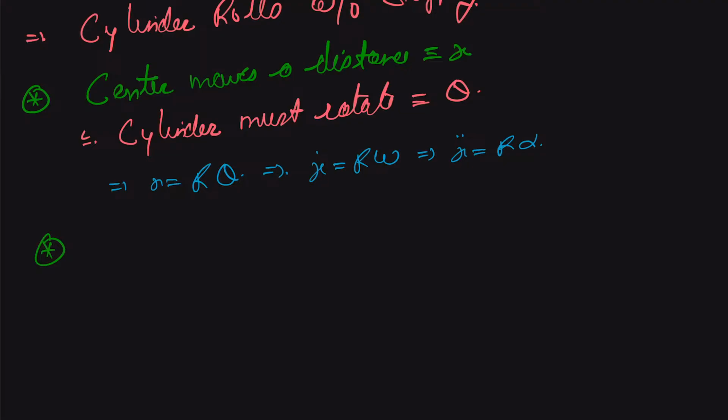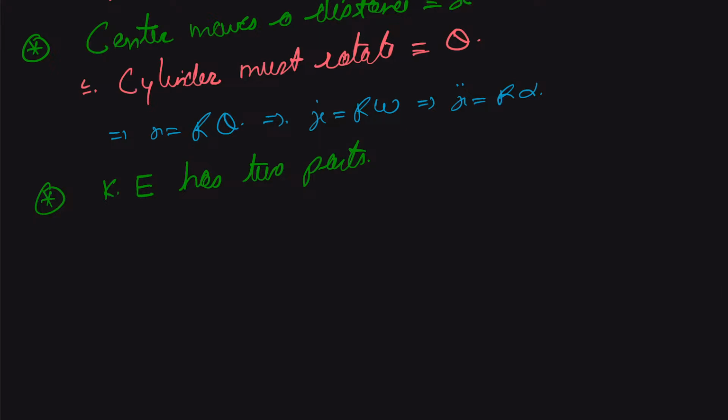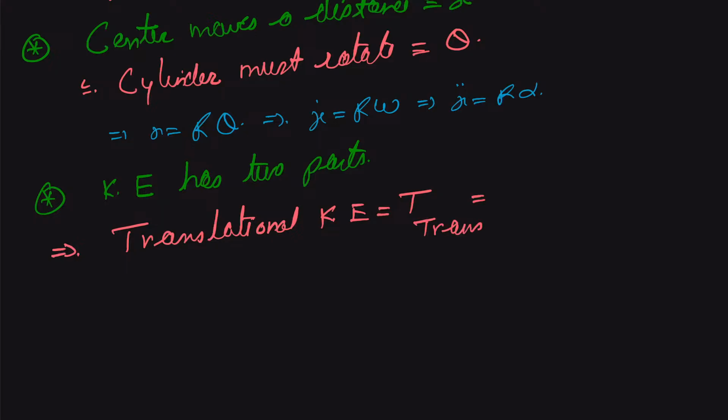Our kinetic energy has two parts. The first is the translational kinetic energy, let us call it T translational. Then T translational will be equal to half m x dot square, that is, velocity square.